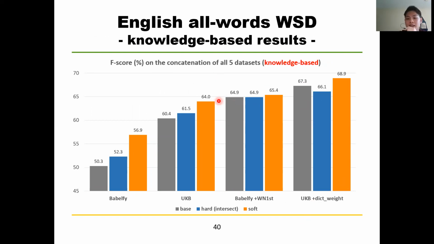But on the other hand, SoftConstraint keeps showing significant improvement over the base system. And especially by showing the improvement over the state-of-the-art system, UKB with dictionary weight, our SoftConstraint result sets the new state-of-the-art for knowledge-based WSD.